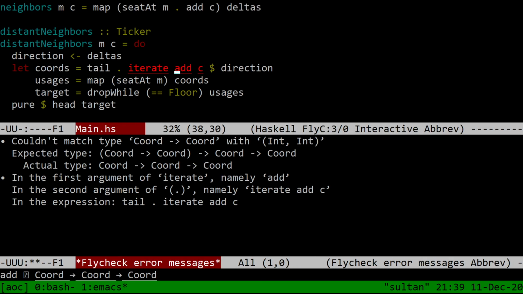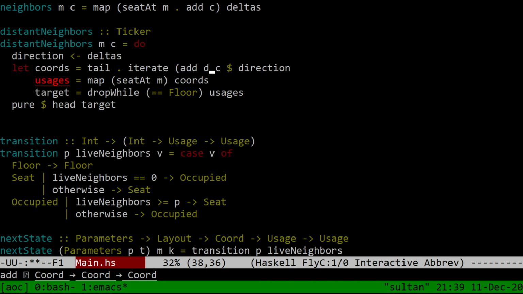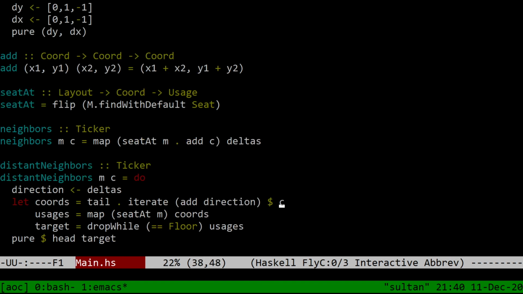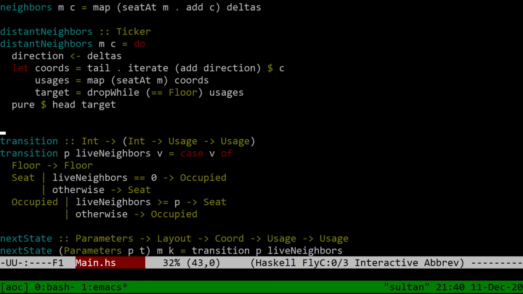Iterate. What I want is add direction starting at C. There we go. That seems a little better, right? Yes, okay, so direction is our delta. And we start at C and add things from that direction.